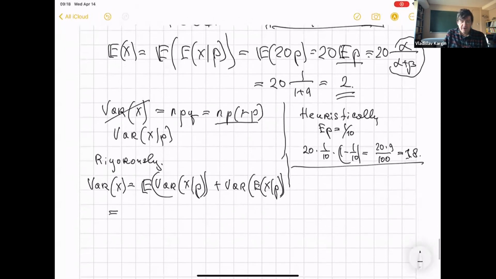It means that this should be equal to the expectation of, let me use 20 instead of n, 20p minus p squared. So this is p(1 minus p), 20 times p minus p squared. Inside, it's the variance of x given p, plus the variance of the expectation of x given p. And what is our expectation of x given p? It's equal to 20p.